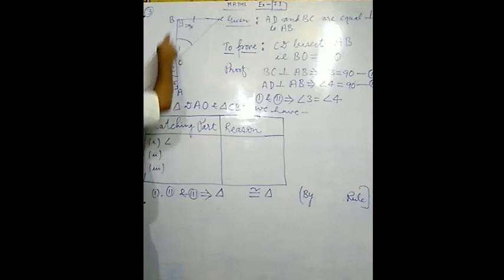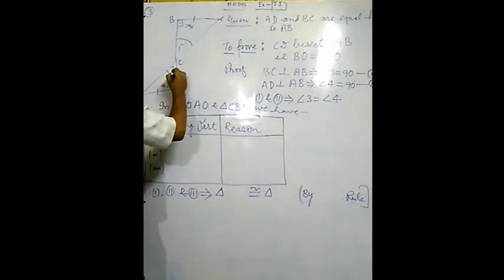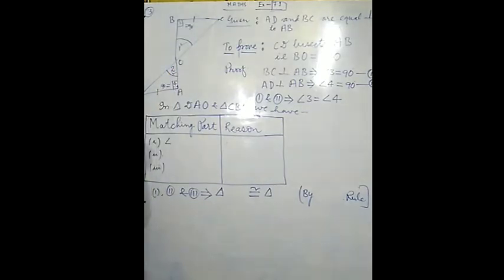If this one is perpendicular to AB, then this angle is also 90 degrees. Now you may mark here, try to follow. Is there any relation between this angle and this angle? They are vertically opposite angles. So angle 1 equals angle 2. Why?